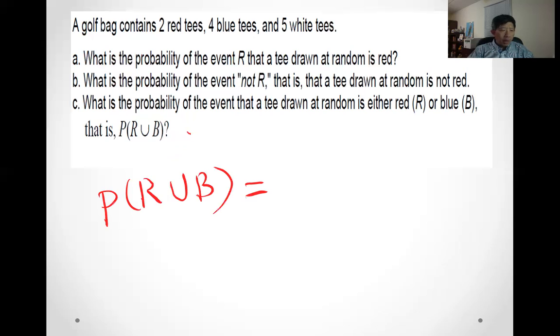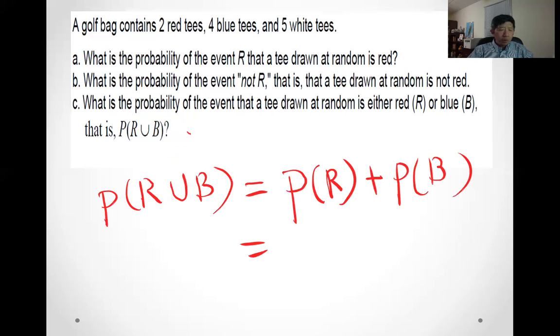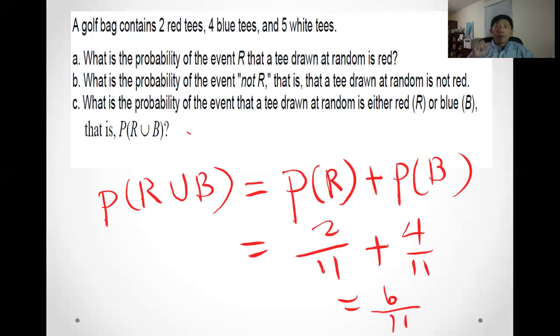This time we take the probability of red plus the probability of blue. What is the probability of red? 2 out of 11, right? What is the probability of blue? Blue is 4 out of 11. So therefore we get 6 out of 11. All right.